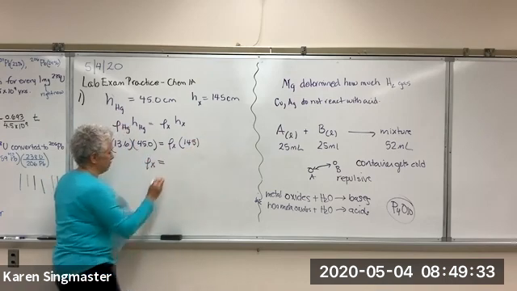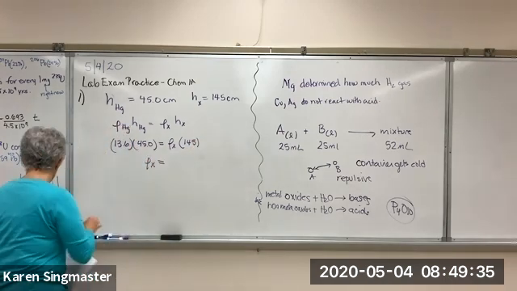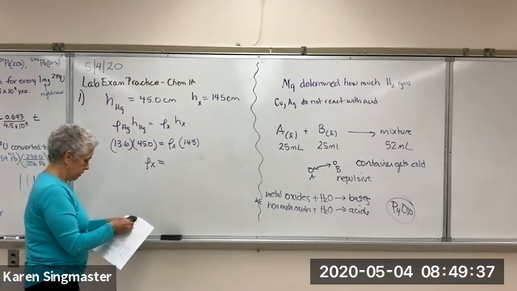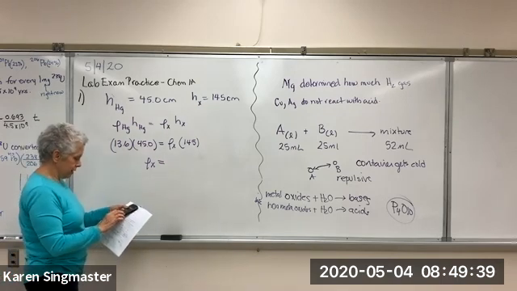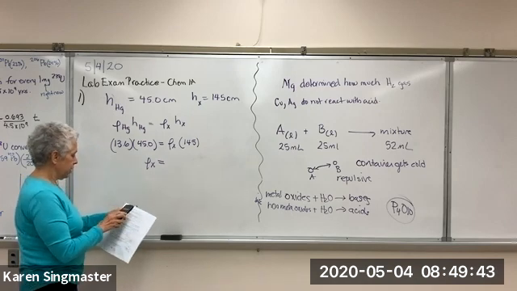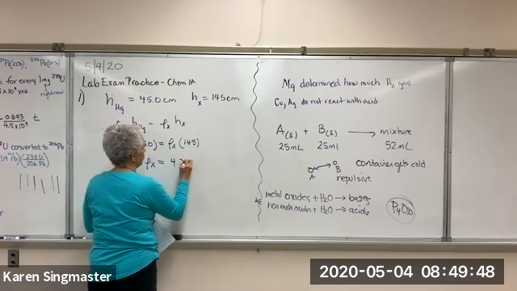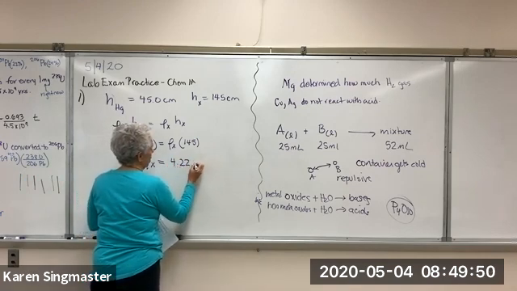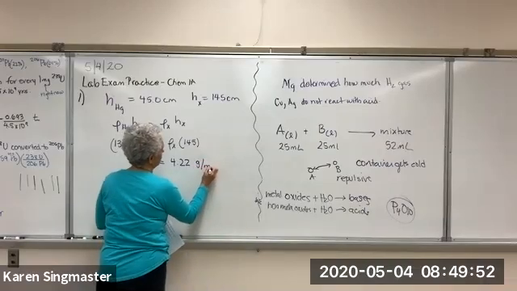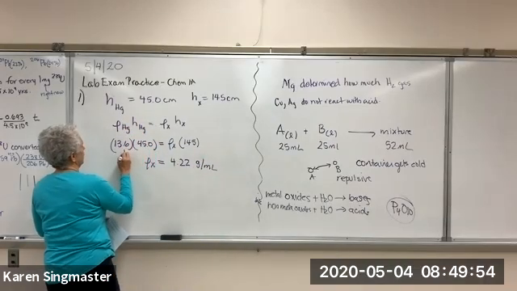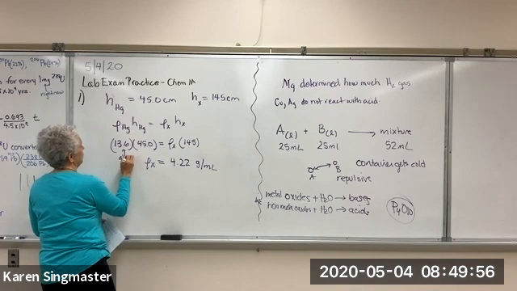Density of X equals 13.6 times 45 divided by 145, which is 4.22 grams per ml, because the density of mercury here is in grams per ml.